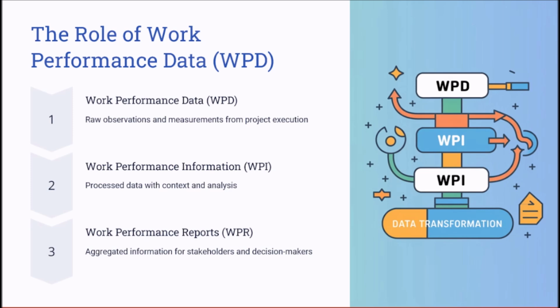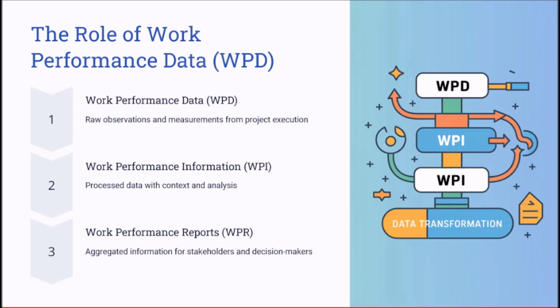So again, we said the work performance data is a raw observation and measures from the project execution, and it's used to generate the work performance information and work performance reports, which help the project managers and the stakeholders to make data-driven decisions.